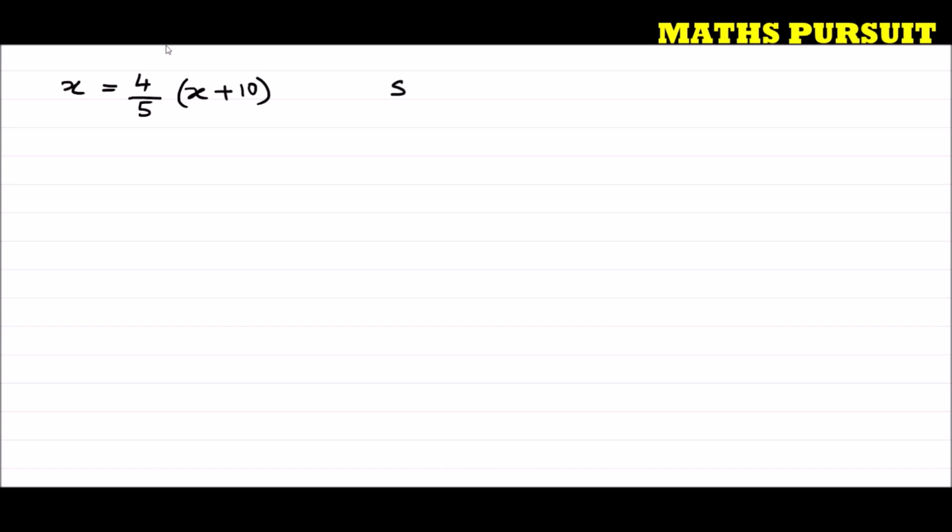And the question is asking us to do two things. One is solve the equation, and the other part is check the result. So guys, let us see how we can solve this equation and then how we can check the result.